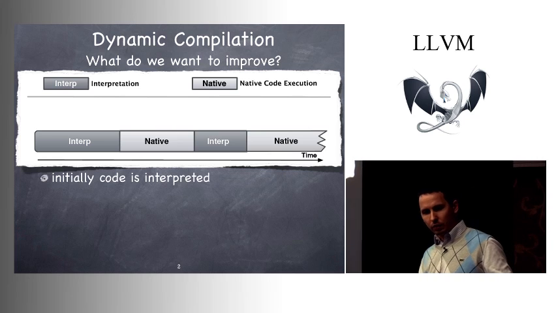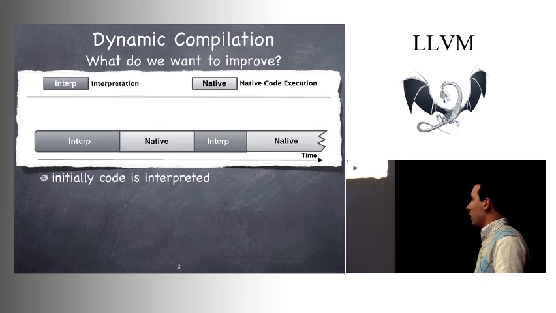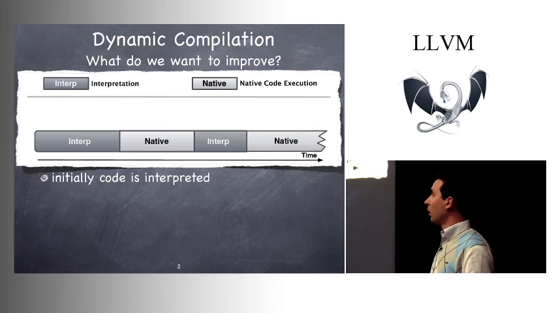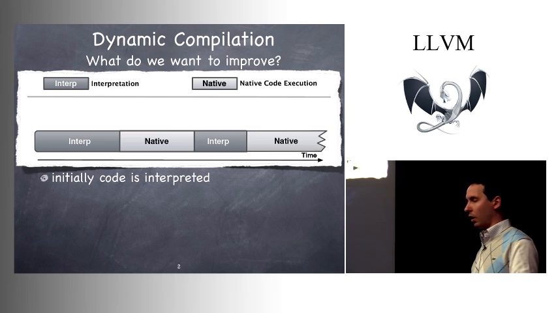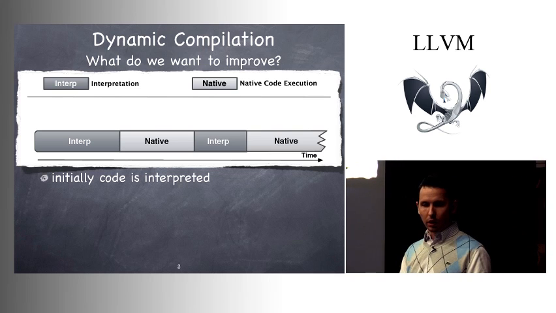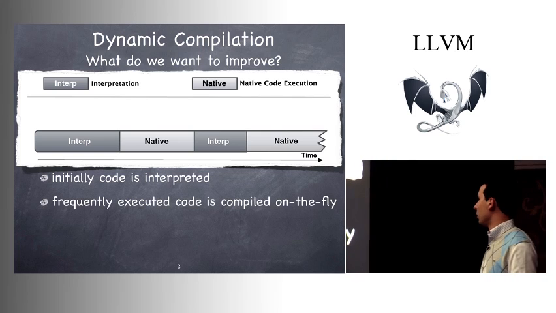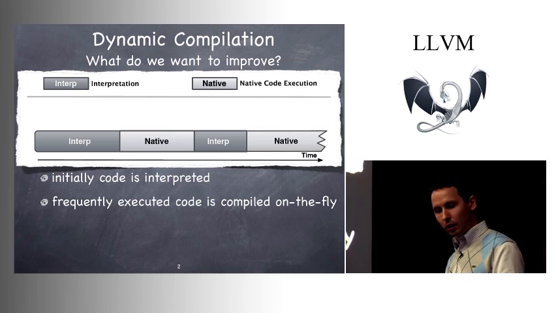In any kind of virtual machine or dynamic compilation system, code is initially interpreted, or you run an unoptimized version of it. This is to have fast startup, because that's what interpreters are good at. Then as we go along, frequently executed code is compiled on the fly.